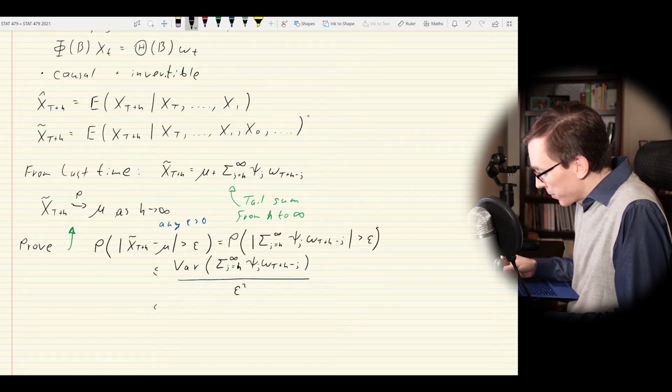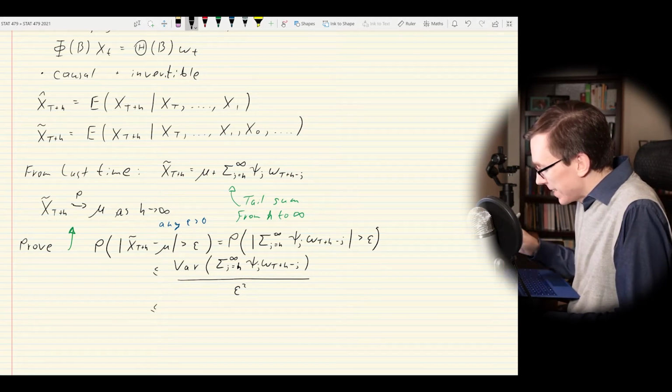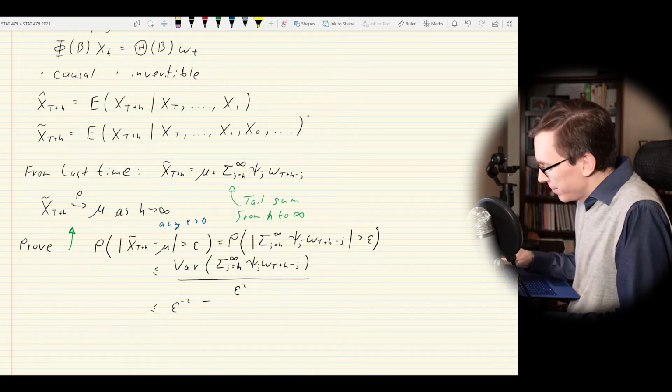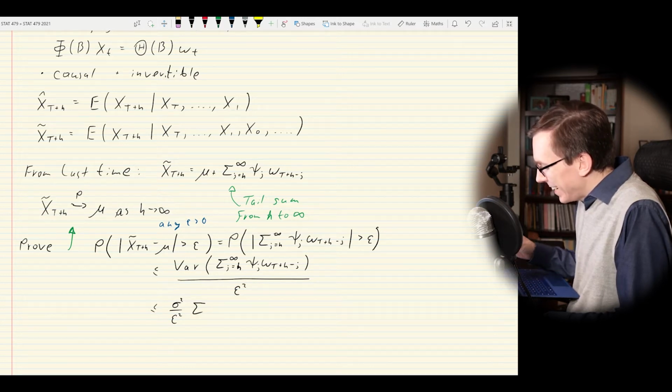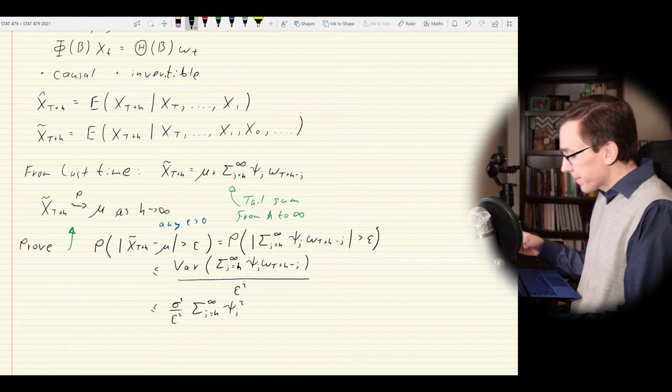Now, the thing in the numerator is the variance of a sum of a bunch of white noise terms. And what we end up with is sigma squared over epsilon squared in the denominator, times the sum over j from h to infinity of psi j squared.